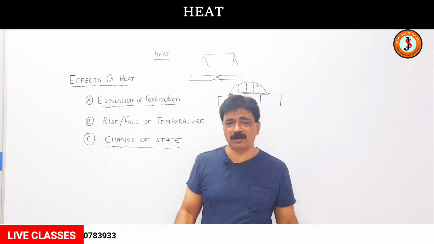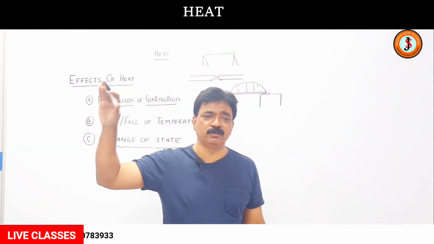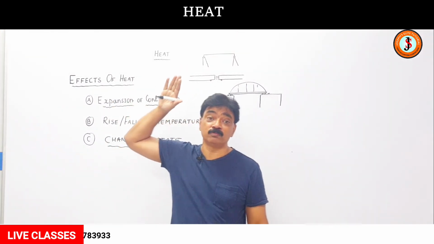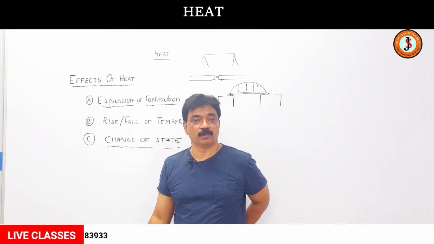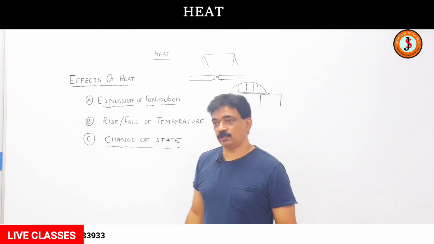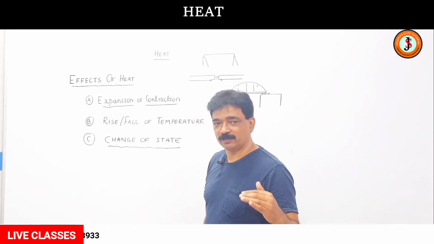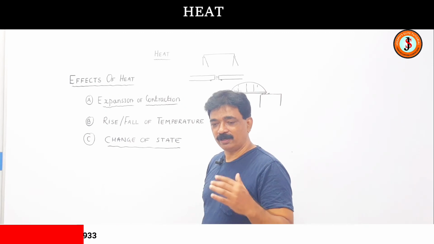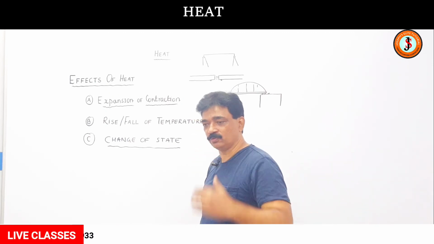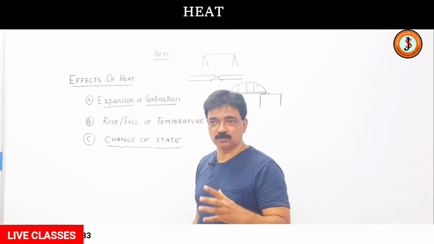Iron also melts, and around 3000 to 4000 degrees centigrade, iron also becomes vapor. Change of state takes place. So what is change of state? When solid gets converted to liquid, it is melting, and when liquid gets converted to vapor, it is boiling.